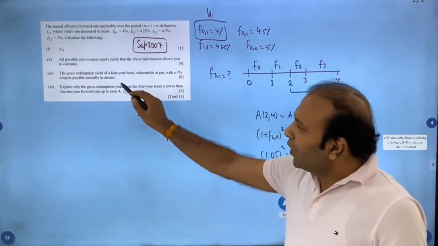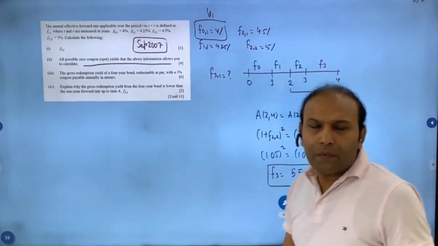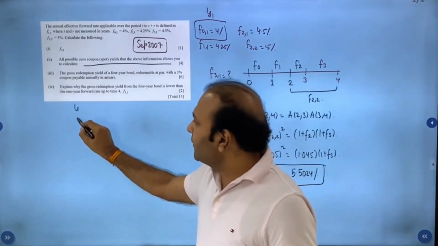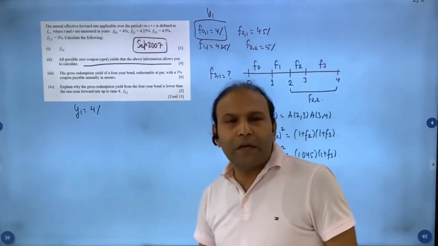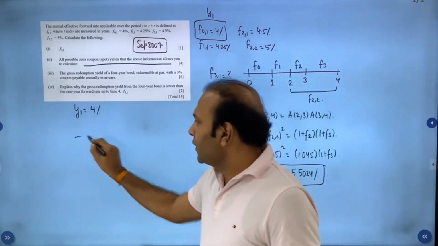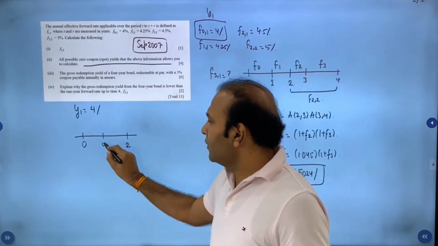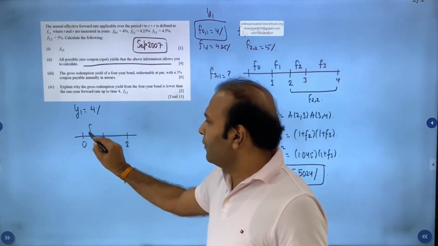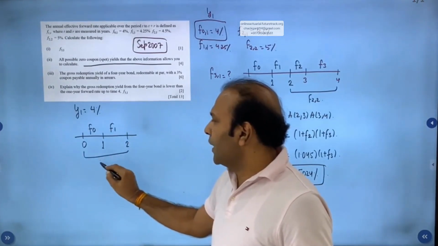Class, next is all possible zero coupon spot rate yields we have to find. So class, we have already calculated y1 as 4%. We can calculate y2 also. Class, 0 to 2, we have been given f0, f1 and we have to calculate y2.